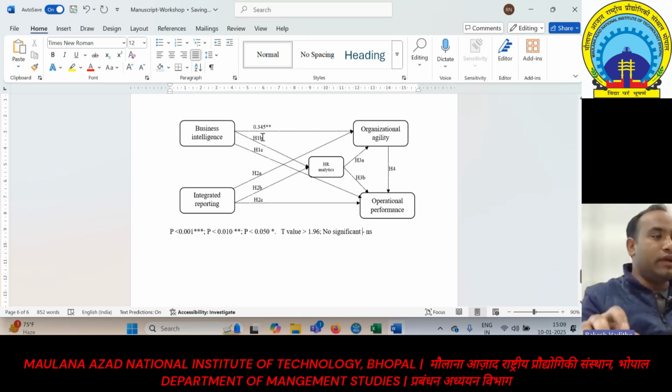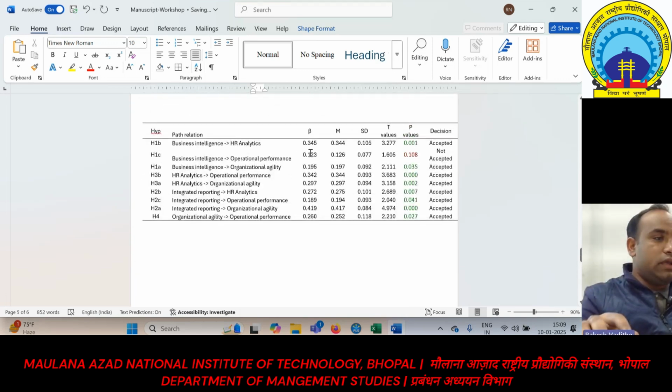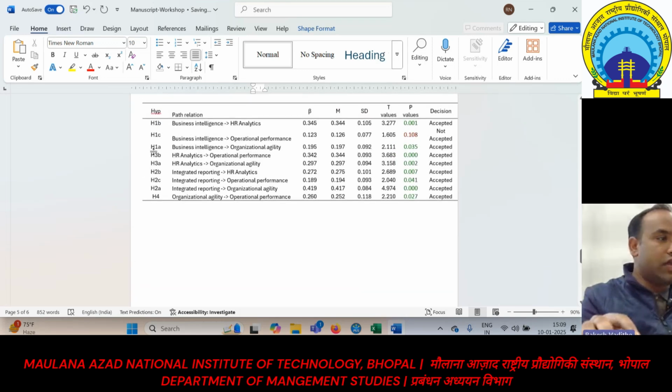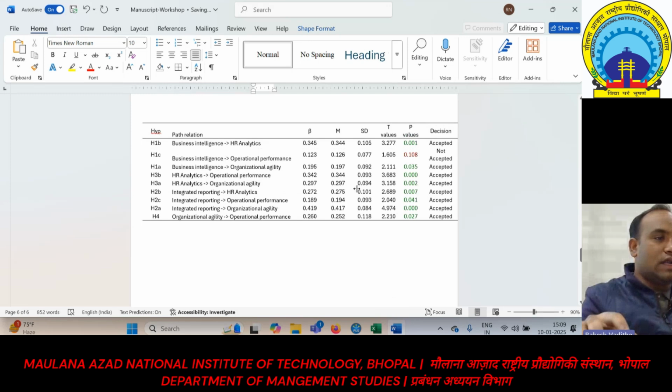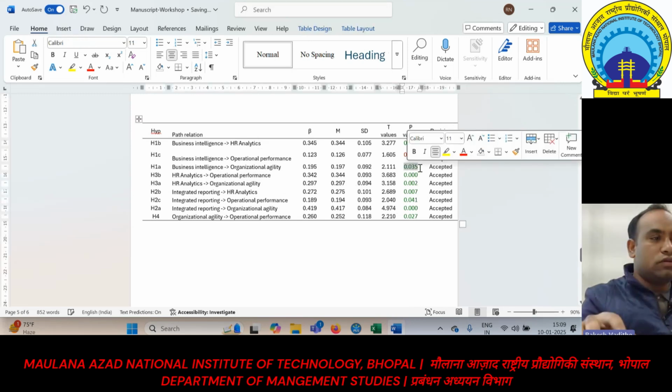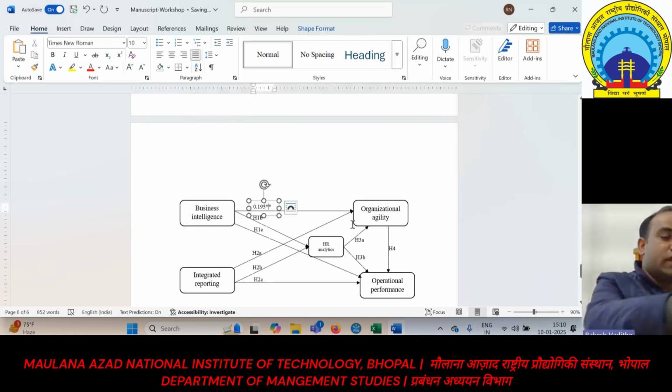Here, H1B, sorry, H1A relation is 0.195. Here you observe the p value, it is significant, but low significance. That's why we have to make a single star.